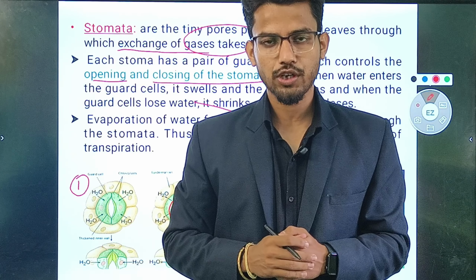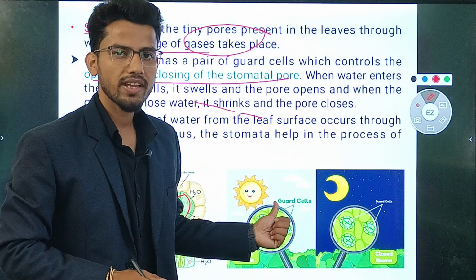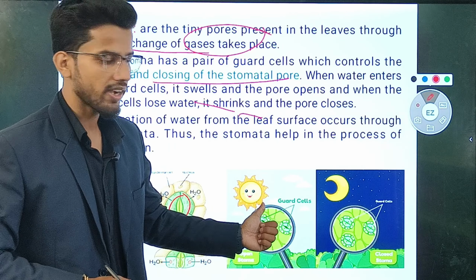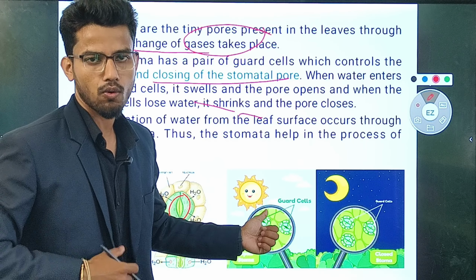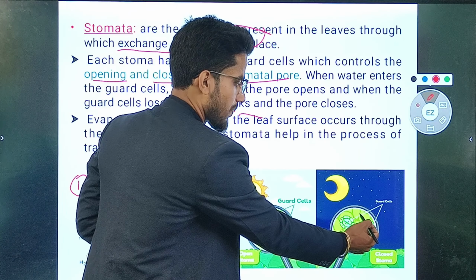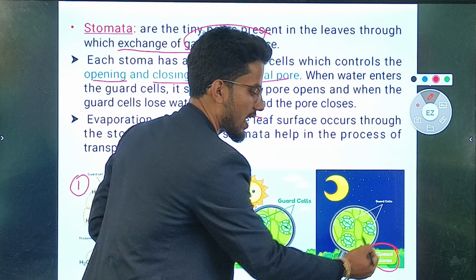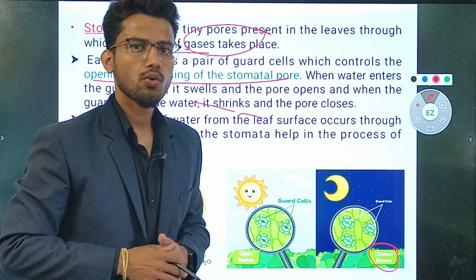Another important feature you need to learn is that during this sunny day or in the morning, you can see that the guard cells are open, whereas in the night time the stoma is closed. So why is it?